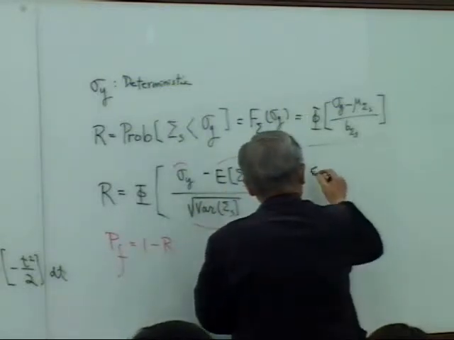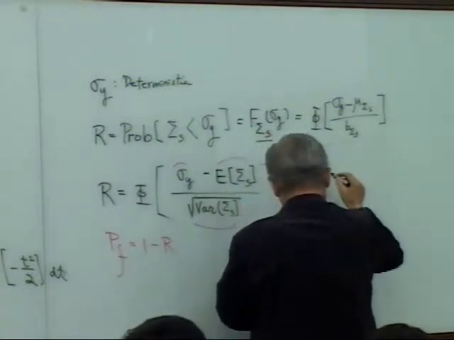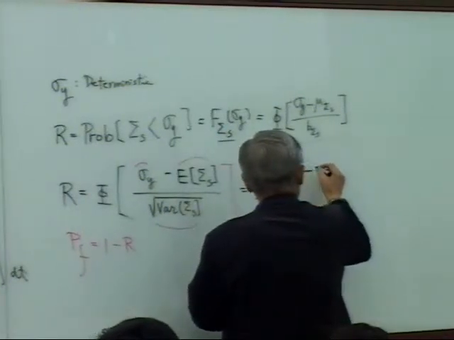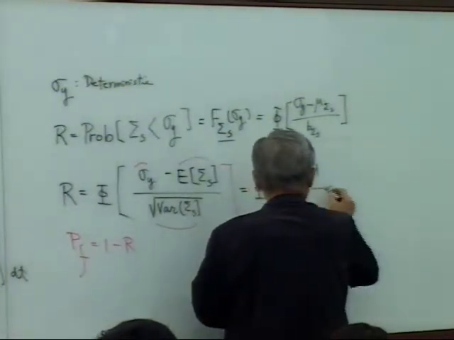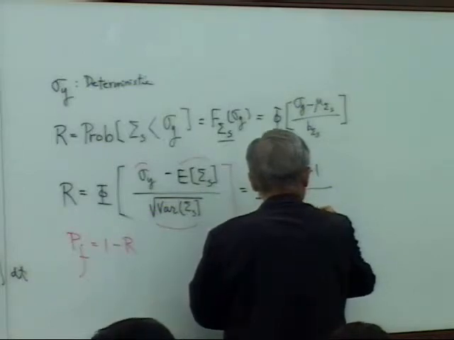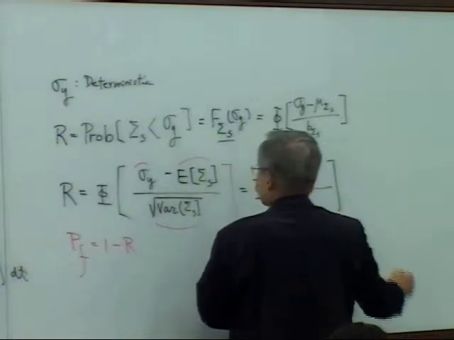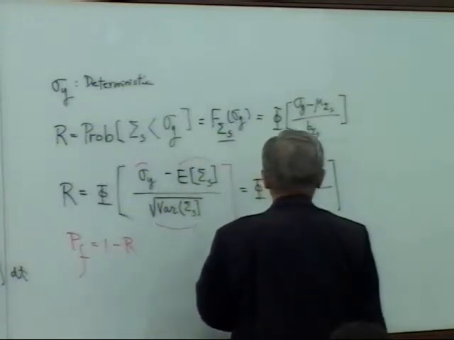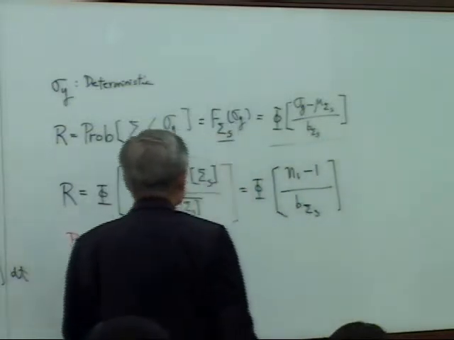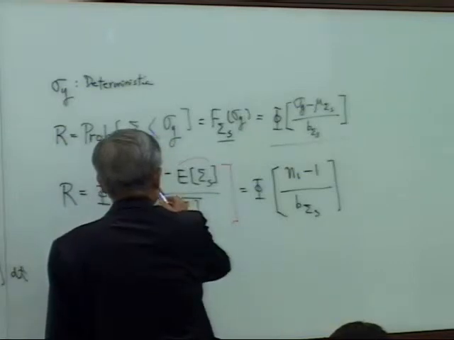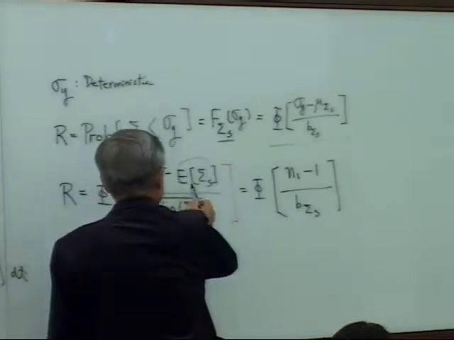So this is N1 minus 1, over B sigma S. You divide everything, so this is the resistance over the mean actual value. You divide it by that.